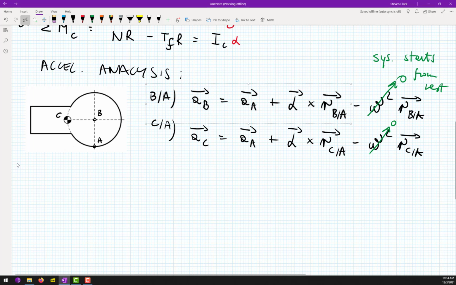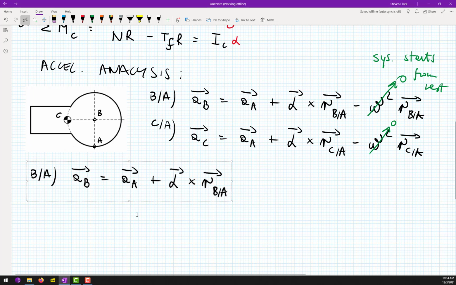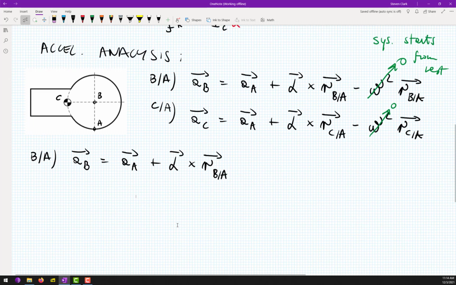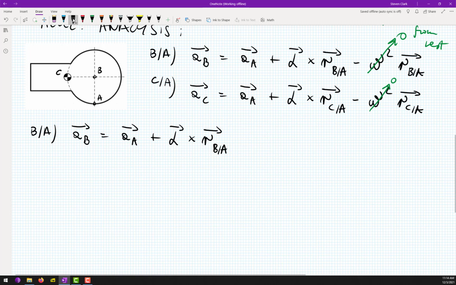So I'm just going to copy this here. And I know that AB has such components, ABX, ABY, and 0. However, I think that one of these components is 0, right?